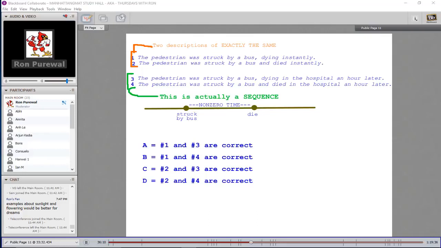If you imagine putting these on a literal timeline, like imagine that you were going to graph this on a timeline, you could not possibly make this 2 points. This would be 1 point on a timeline. It would not be 2, because these things don't happen at different times. It's instantly. Meaning it's struck by bus, died.